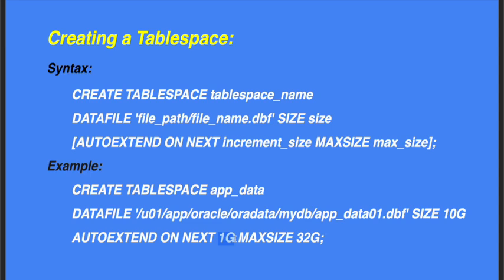You can put 10 MB or 100 MB here. So whenever the tablespace needs to be extended, it will take 100 MB or 10 MB as you mention here. Maximum size unlimited will take a maximum of 32 GB. So you can mention 10 GB or 15 GB as per your requirement, or you can leave it as max size unlimited.